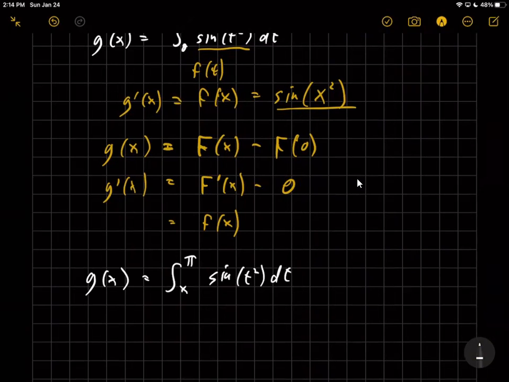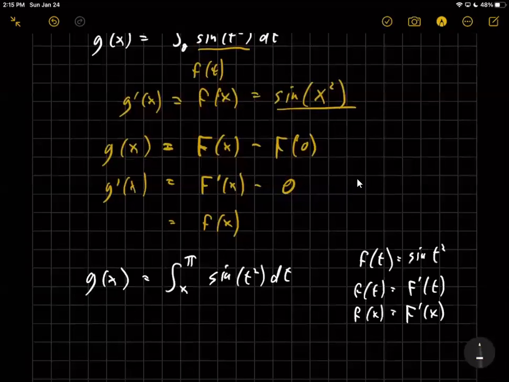Let me write over here, little f of t would be the sine of t squared, and little f of t is equal to f prime of t. I could also say little f at x is equal to f prime at x, and little f of x would be the sine of x squared. Okay, so you need to understand all of that.